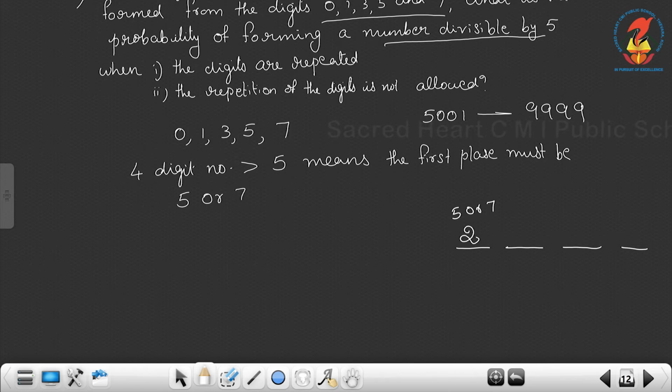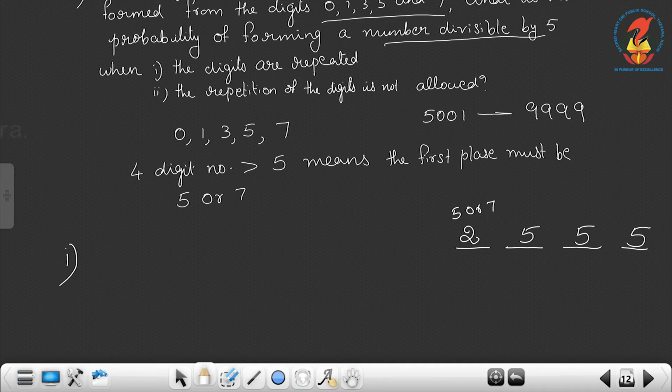Now, the digits are repeated, so first we take that condition. The second place we can fill in 5 different ways, since we can use all the 5 digits. The next place also 5 ways. The last place also 5 ways.